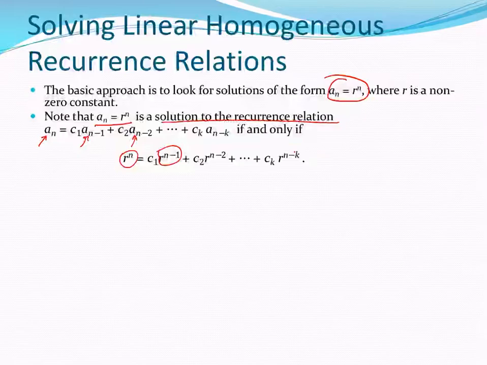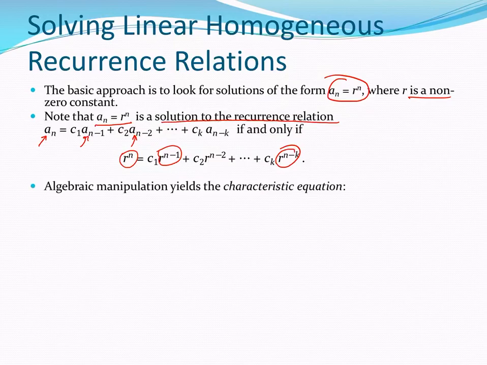Now if I take all my terms to the left side of the equation and I divide by r to the n minus k, which I can do because r is non-zero, I get what's called the characteristic equation, which is r to the k minus everything on the right-hand side up there, minus ck, is equal to 0.